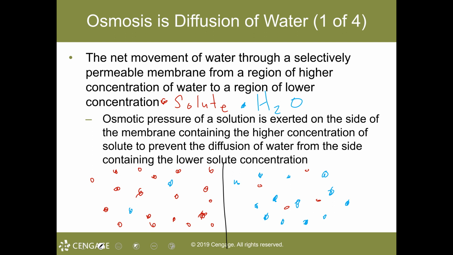On the right-hand side, class, you see more water. On the right-hand side, there is more water than there are solutes. So if a fluid, or a solution, class, has a higher concentration of water than solute, you can call that solution something known as being high.